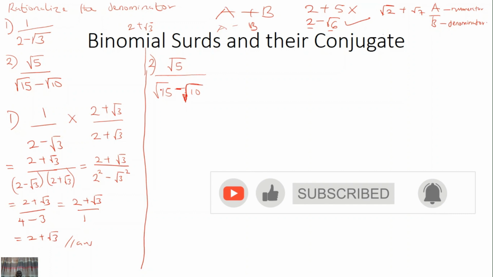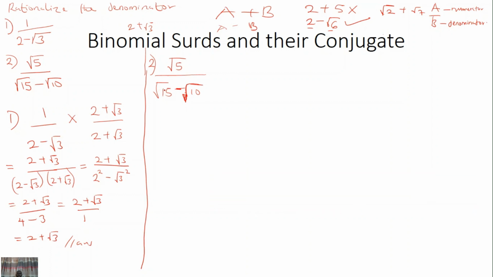What is the conjugate of root 15 minus root 10? The conjugate will be equal to root 15 plus root 10. And that is exactly what we are going to use to multiply the numerator and the denominator. So we multiply by root 15 plus root 10 all over root 15 plus root 10.